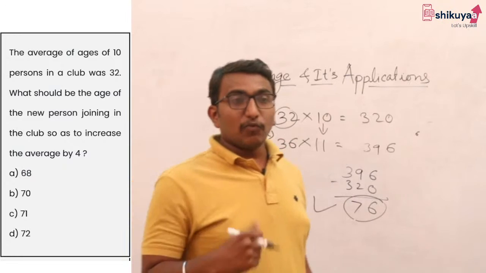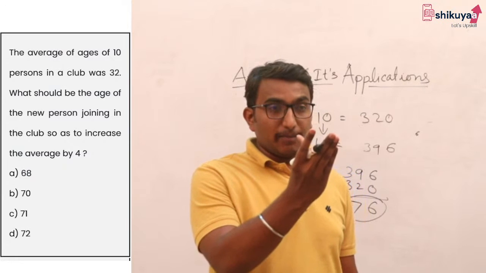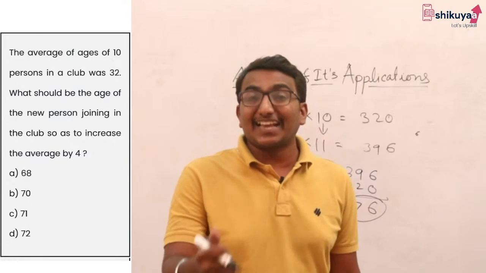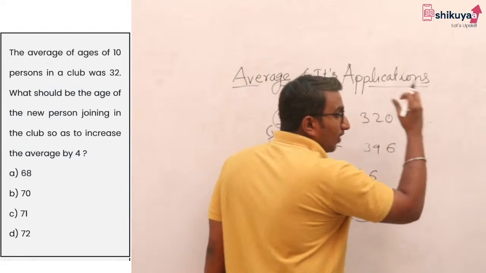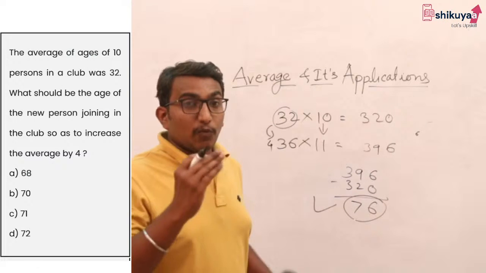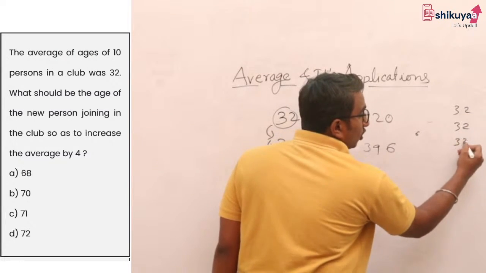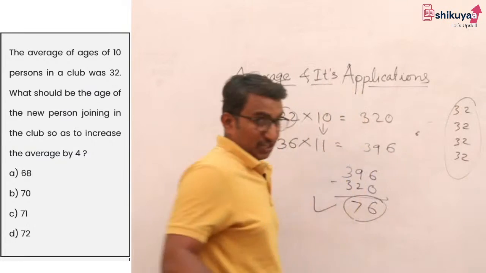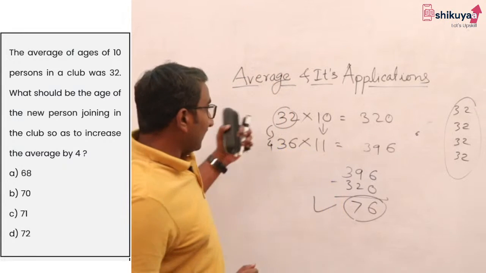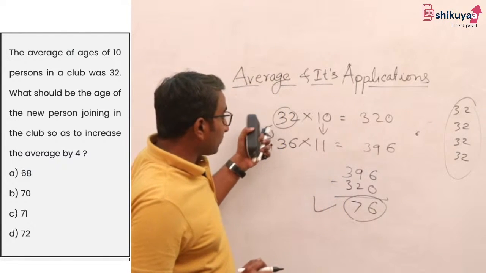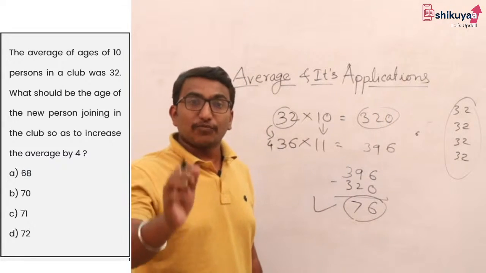Whenever we say the average age of 10 persons in the club is 32, it means that, irrespective of the actual age of every person, the age of each person is taken as 32. So in the earlier case, the average age of each person is 32.